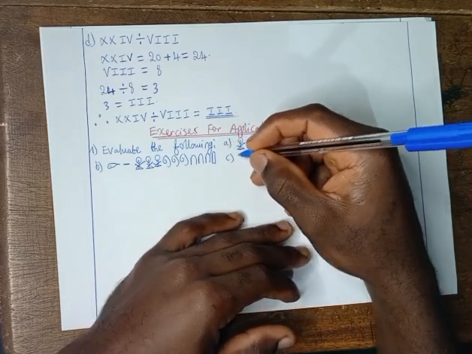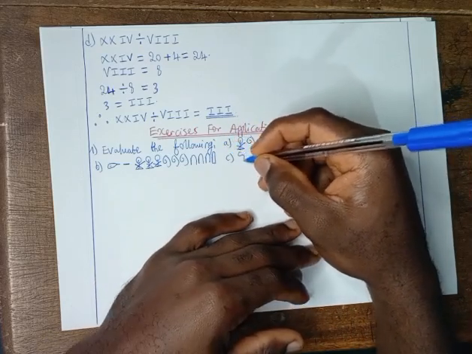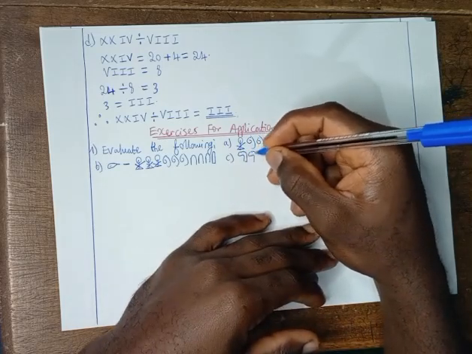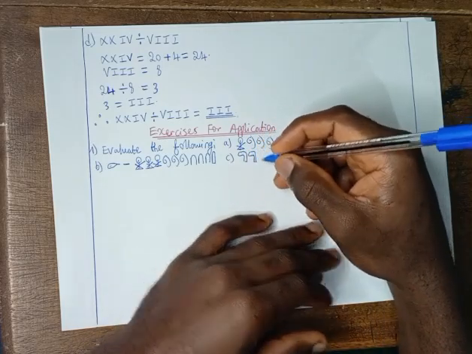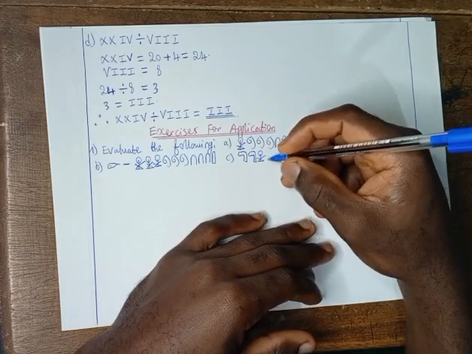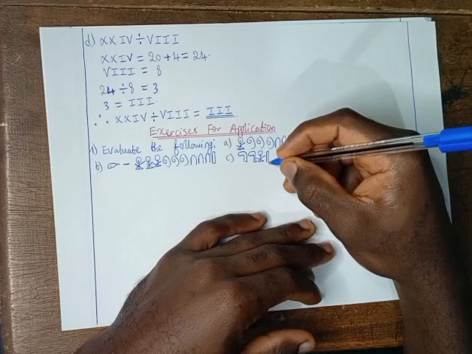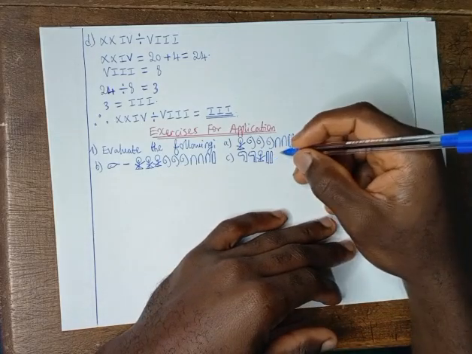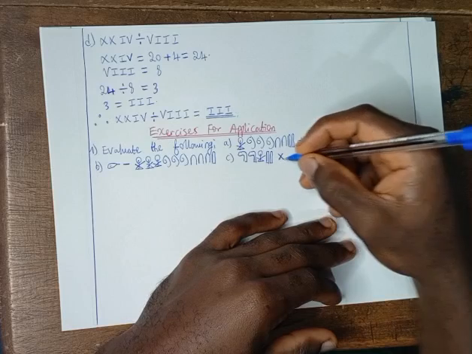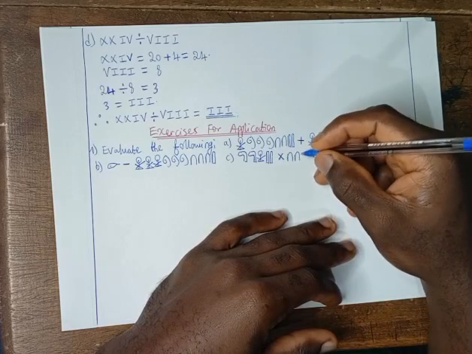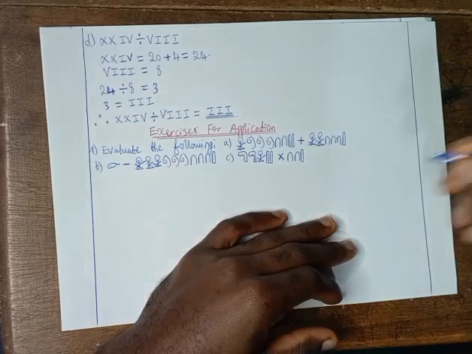For C, we have the first number which has two bent fingers, a lotus flower, and two straight fingers, times the second number which has two hell bones and a straight finger.